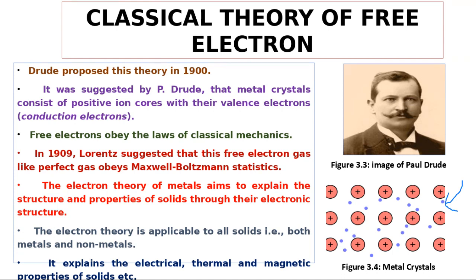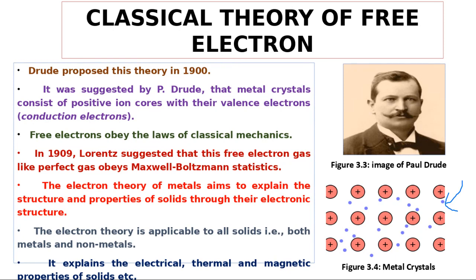So this is a metal crystal, and you can see here there are the positive ion cores and the valence electrons. So in 1900, Drude suggested that a metal consists of positive ions and valence electrons, and these valence electrons in the metal are free electrons, and they are free to move inside the metal.